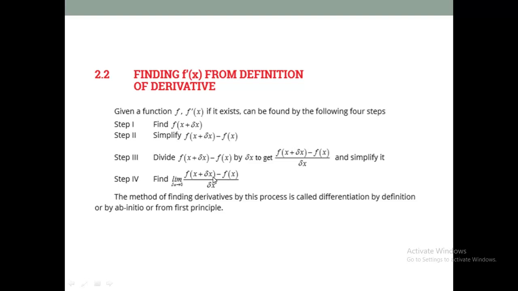When we simplify the numerator, we always take delta x common from the numerator and cancel it with the denominator, and then we put the limit. The method of finding the derivative by this process is called differentiation by definition, ab initio, and first principle. Remember these 3 names. If the question says differentiation by definition, ab initio, or from first principle, we use these 4 steps.